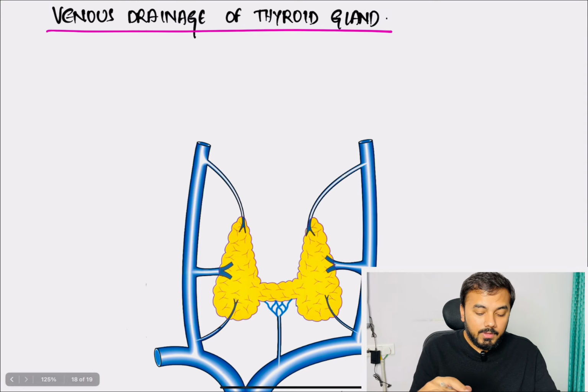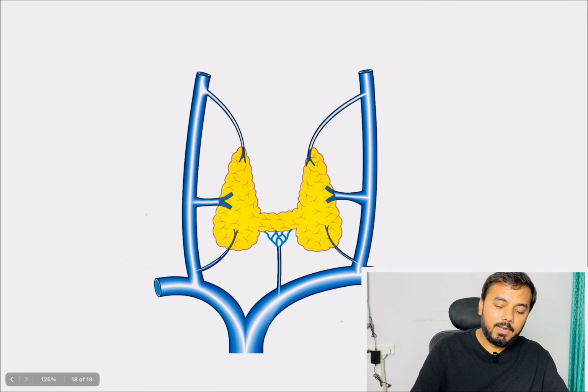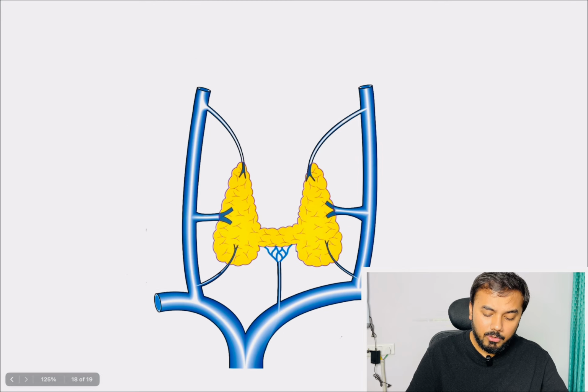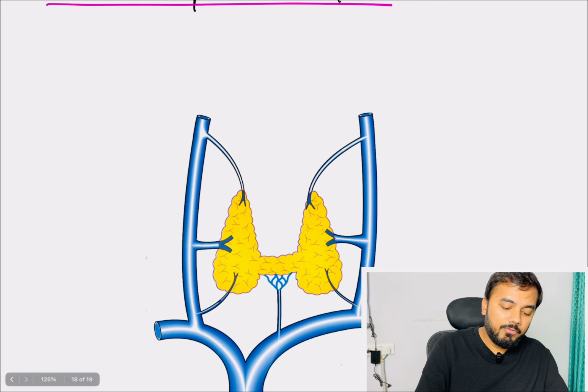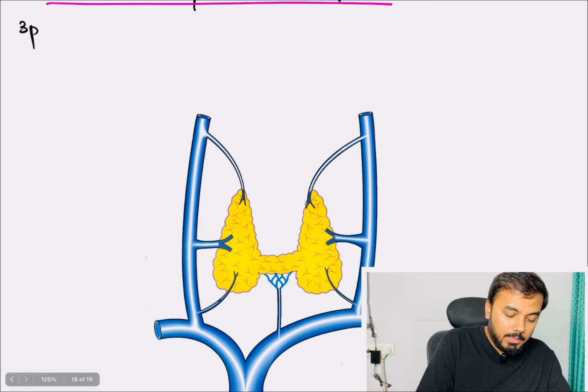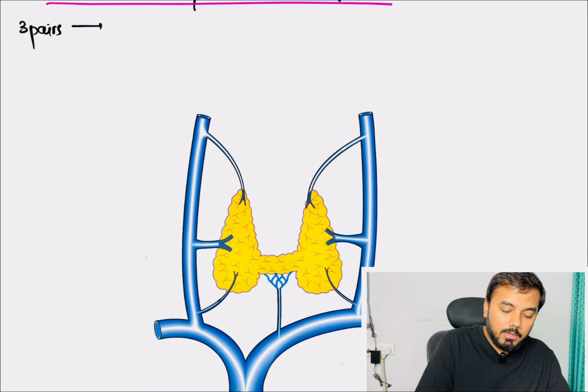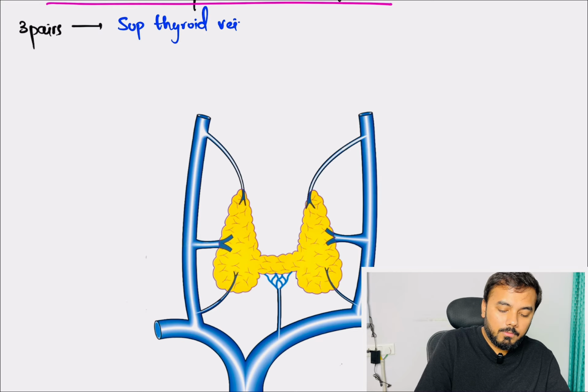Now when it comes to the venous drainage of the thyroid gland, it is very easy, guys. Just look here, there are three pairs of veins. What are they? One is your superior thyroid vein. Another one is your middle thyroid vein.